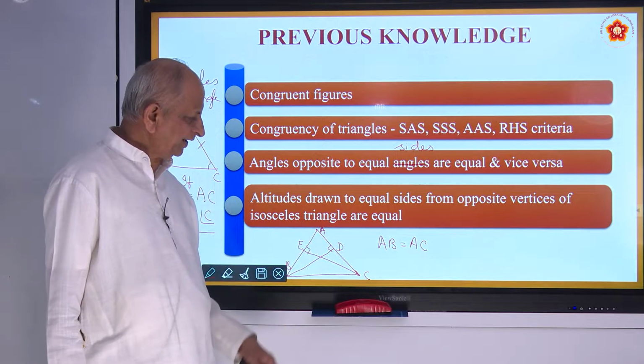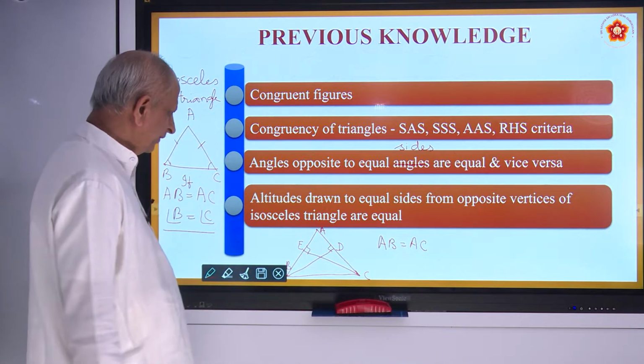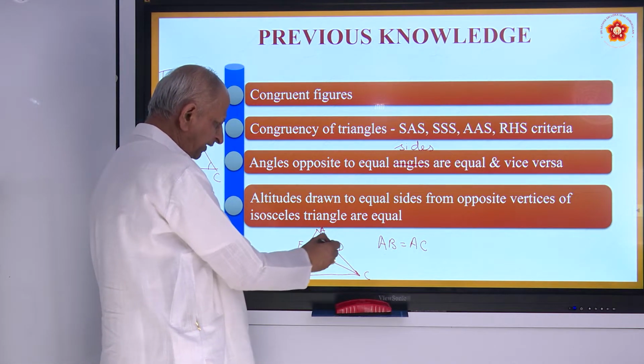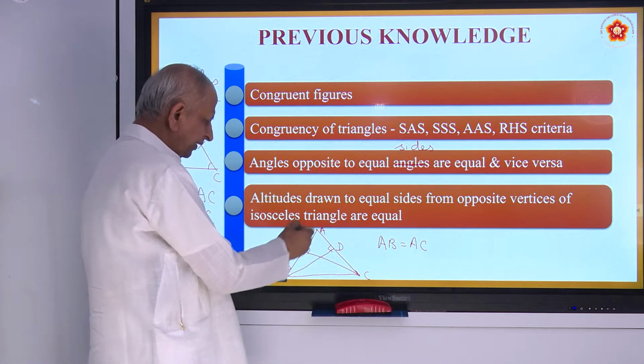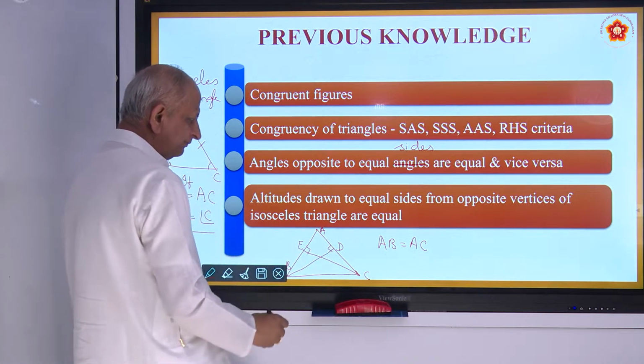ABC is an isosceles triangle in which AB is equal to AC. Suppose you draw two altitudes, from B to AC and from C to AB, we call them BD and EC.